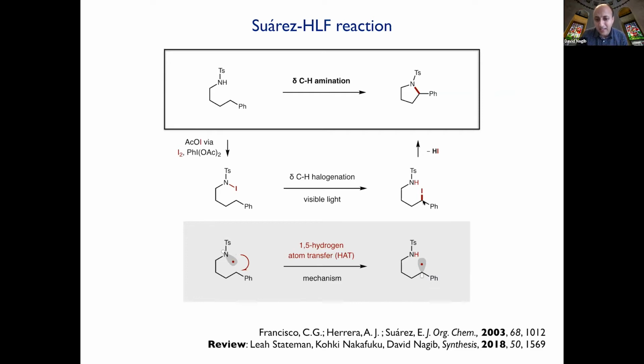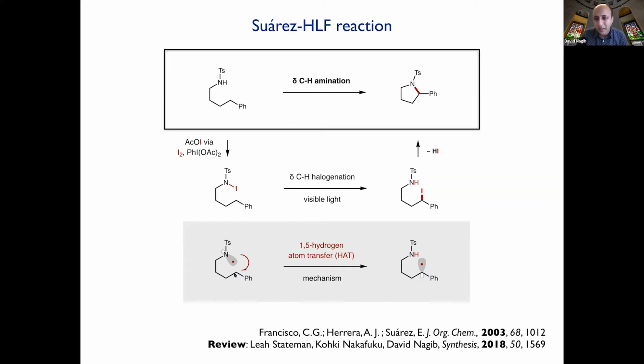And then of course the delta C-I bond is a better leaving group, and these can be cyclized down as well. And it's the same type of regioselectivity, but you'll see now there's a neutral radical. So it's a little bit less reactive. What Suarez showed us was that you need a little bit of a withdrawing protecting group to polarize this nitrogen-centered radical. But even so, there's a limitation that I introduced here.